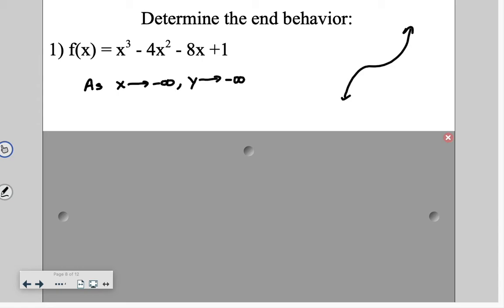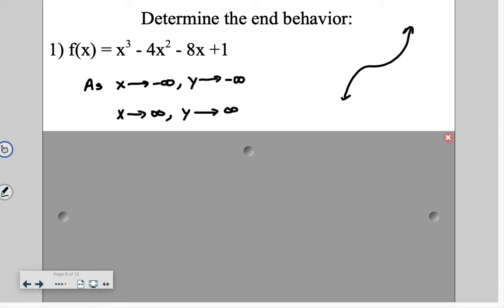That basically says the graph starts low. Then we go to the other end. As x goes to positive infinity, where are the y values going? As x goes to the right, the y values are going up, which means the graph ends high at positive infinity.